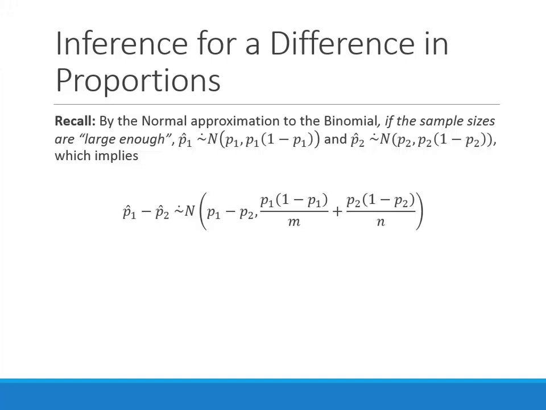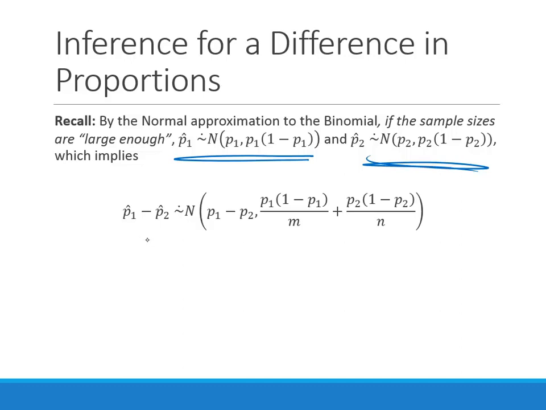So by this normal approximation, as long as our sample sizes are large enough in some sense, we've seen this before, the same kind of thing that we saw back in chapters 7 and 8 when we were doing inference on proportions. And then we can use the fact that a linear combination of normal random variables is also normal. That's a chapter 5 thing. And so again, as long as our sample sizes are large enough, this fact will be true.